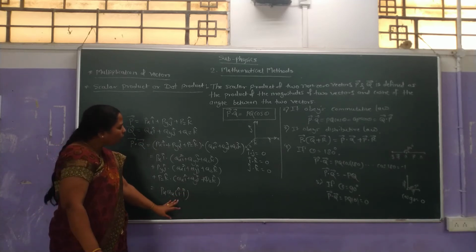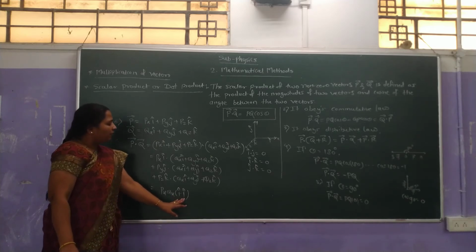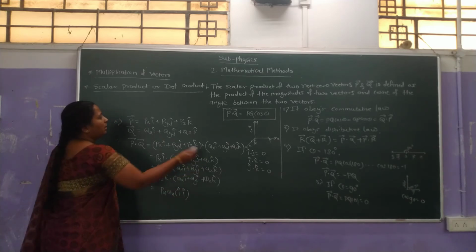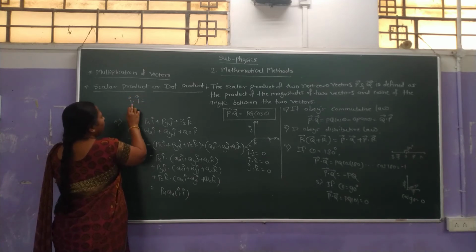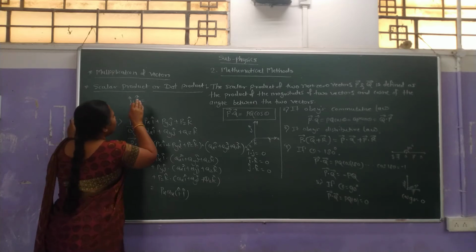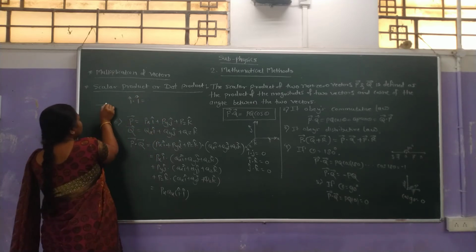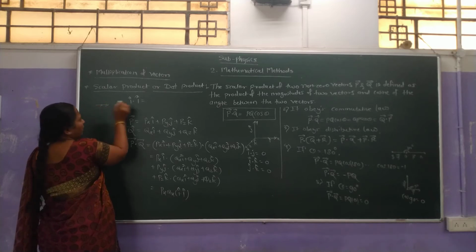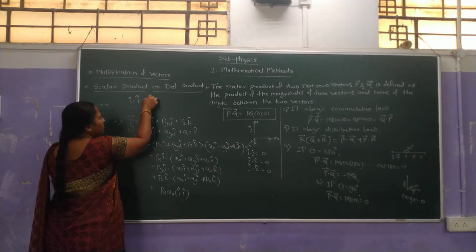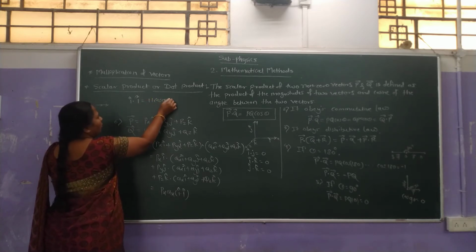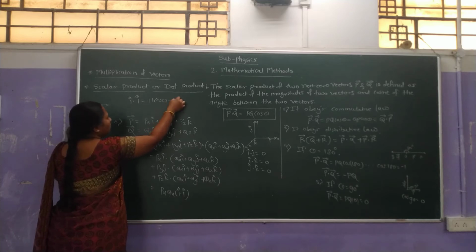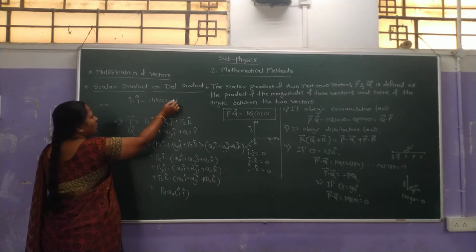The next characteristic is the dot product of a vector with itself, i dot i. A unit vector's direction is along itself. I vector dot i vector: the magnitude of a unit vector is 1, and cos 0 is equal to 1, so 1 multiplied by 1 is equal to 1.